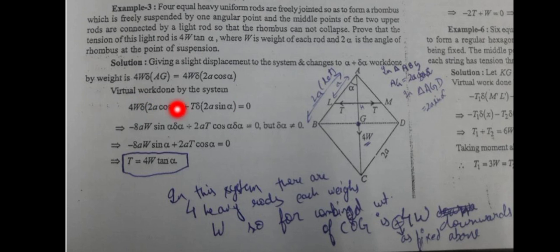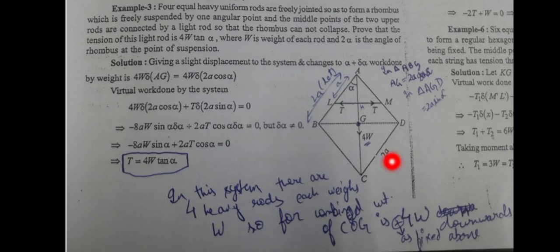So the virtual work done by the system is 4W delta(2a cos alpha) plus T delta(2a sin alpha) equals 0, which implies minus 8aW sin alpha delta alpha plus 2aT cos alpha delta alpha equals 0. But delta alpha is not equal to 0. Then minus 8aW sin alpha plus 2aT cos alpha equals 0, which further gives us T equals 4W tan alpha.